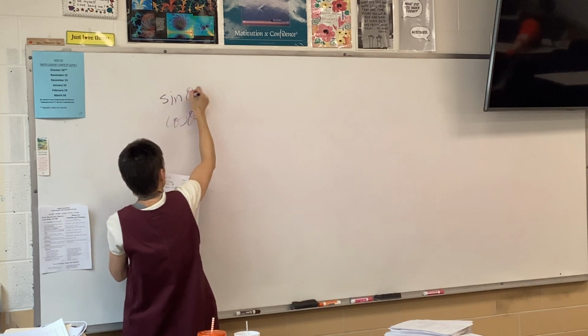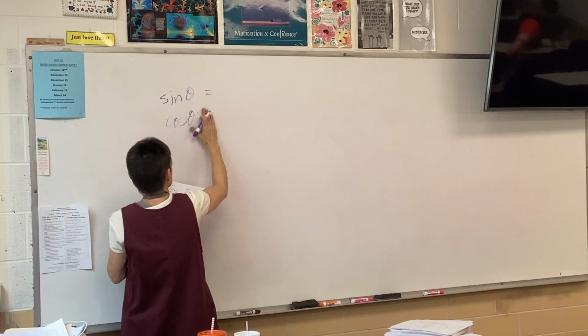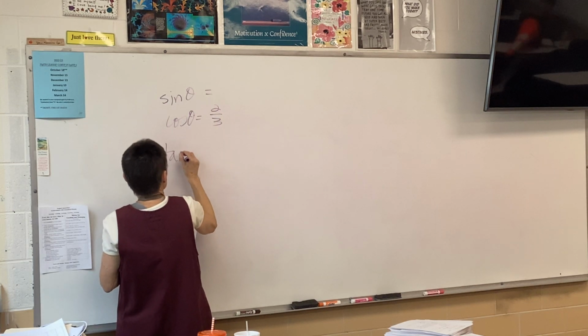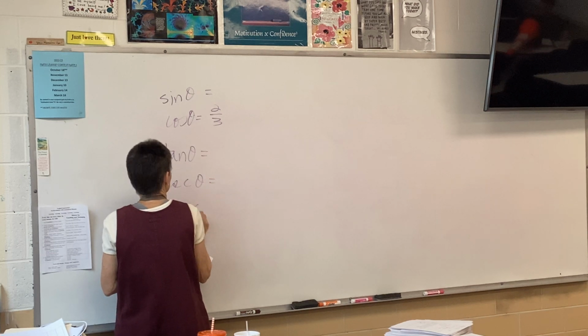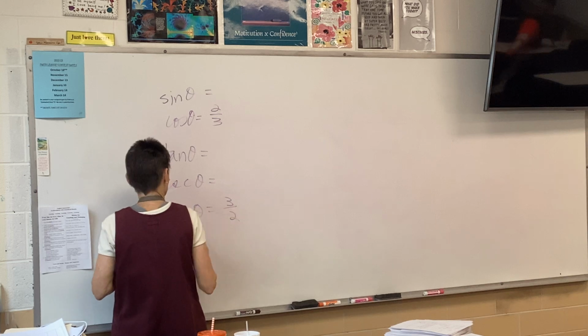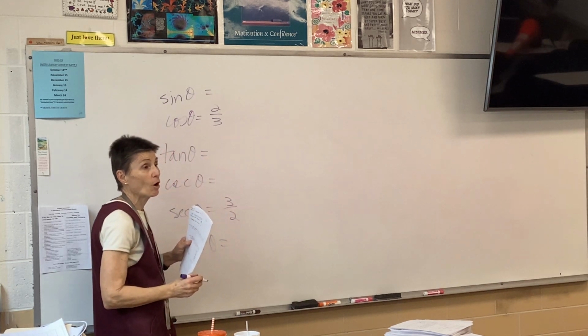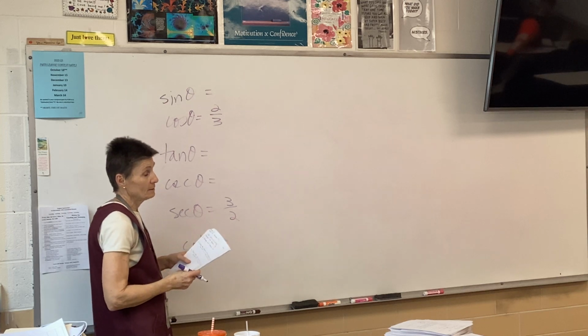So they say the cosine is 2/3, which, let's take advantage of that. That means the secant is 3/2. That's a gimme, that's automatic. You get points for that.